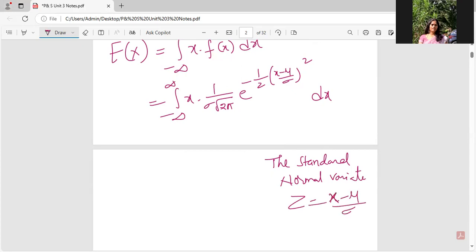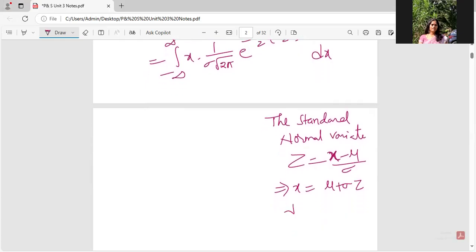Of course, small x is small z, right? So I'll be going with that substitution. What's the value of x from this? It is mu plus sigma z. What's the value of dx from it? Dx would be, mu derivative is 0, sigma is there, dz is what I'll have. Accordingly, I'll go with these substitutions.